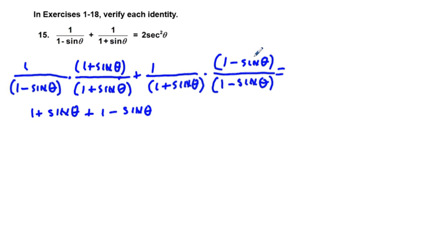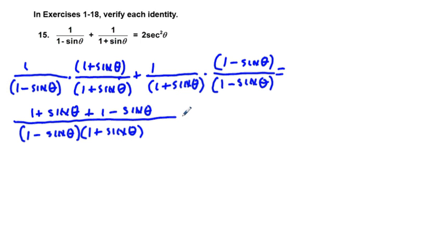We have this 1 times minus sine theta, and all over this common denominator of quantity 1 minus sine theta times quantity 1 plus sine theta. Okay? So the next thing we're going to do is simplify a bit. Well, you notice what we have here?